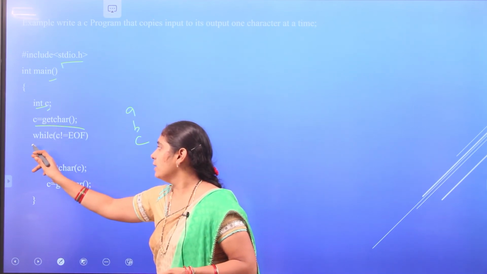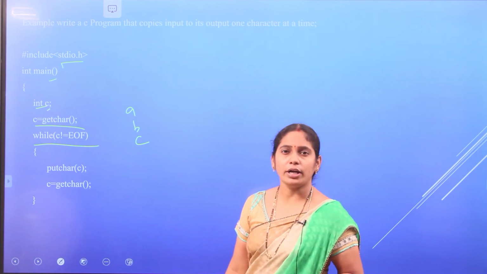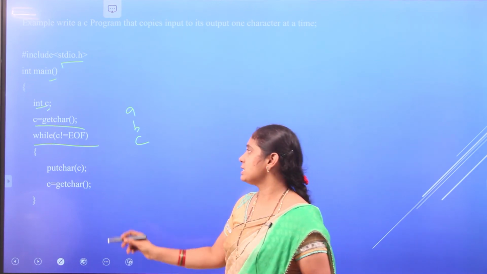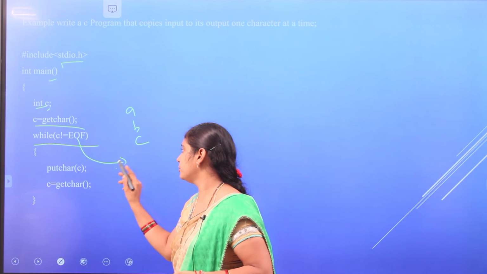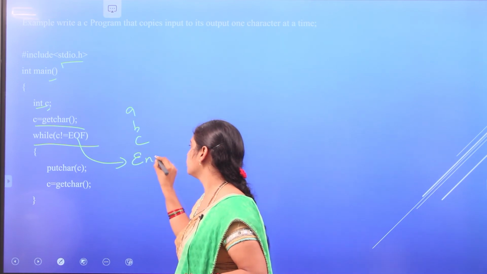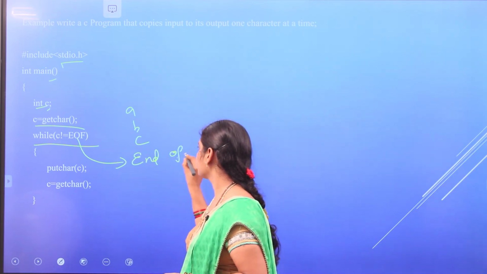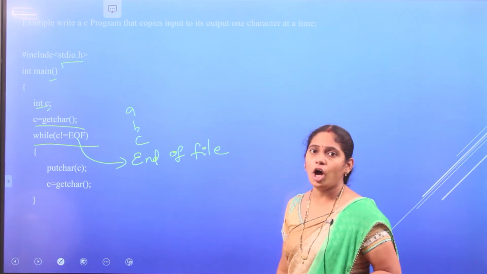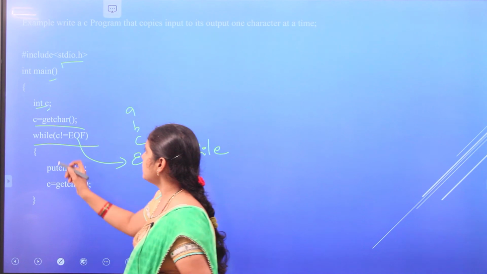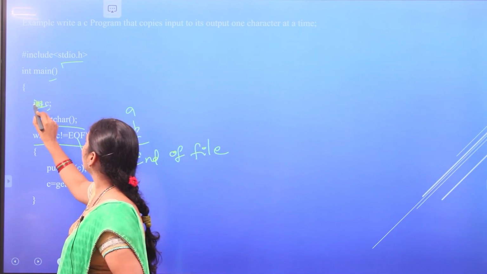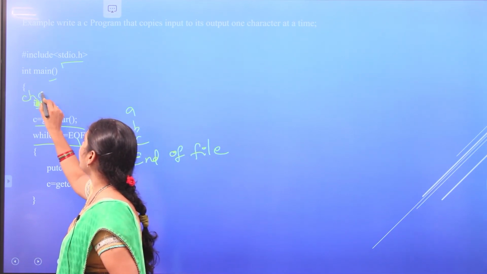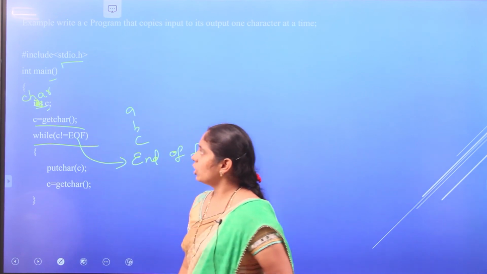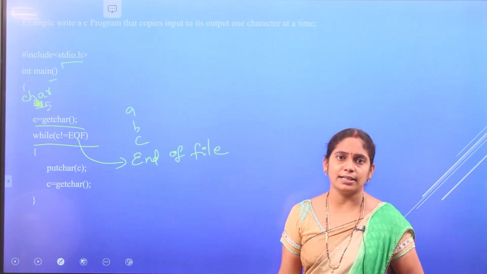And while C is not equal to EOF, EOF represents end of file. Instead of this, declare this as character, char C, not int C.